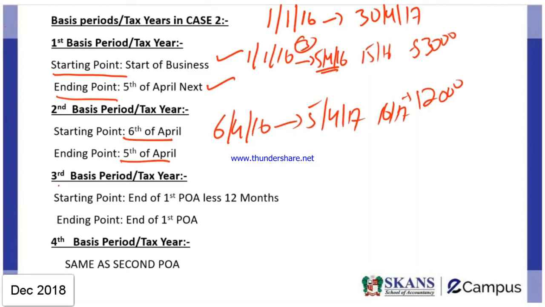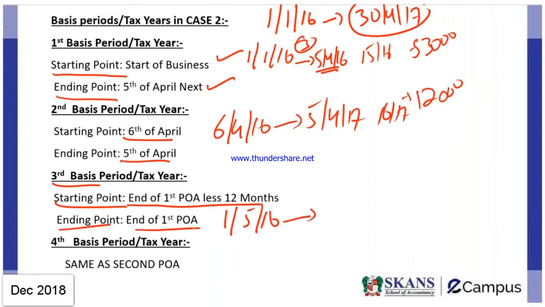And as far as the third basis period is concerned, the starting point says end of first period of account less 12 months. The first period of account is ending at 30th April 2017, so it should start from 1st May 2016 and end at the end of the first period of account, 30th April 2017.